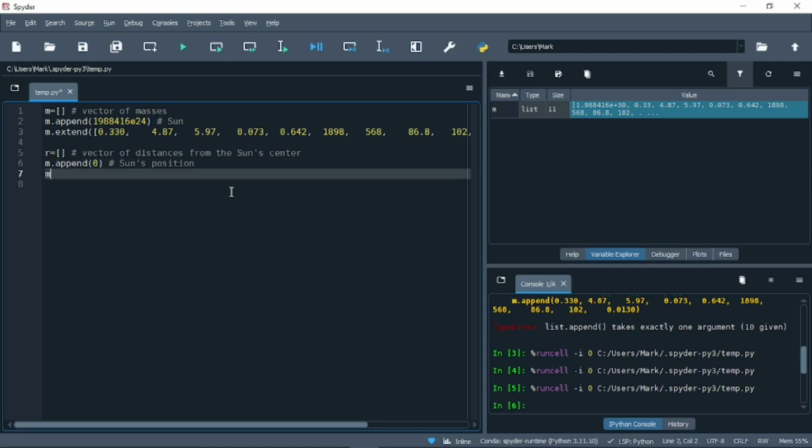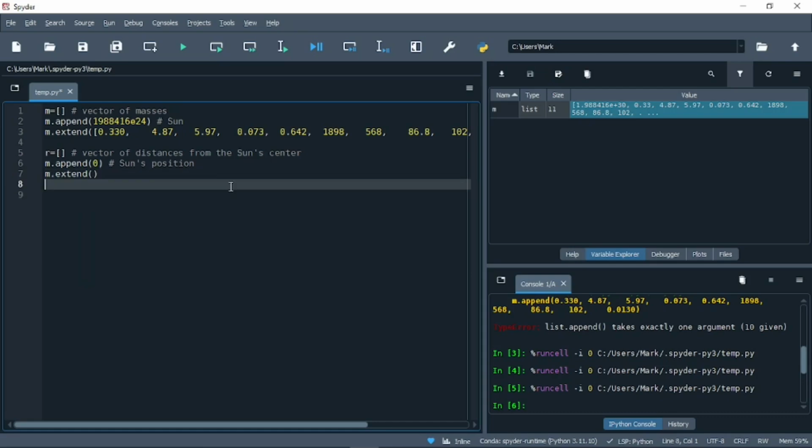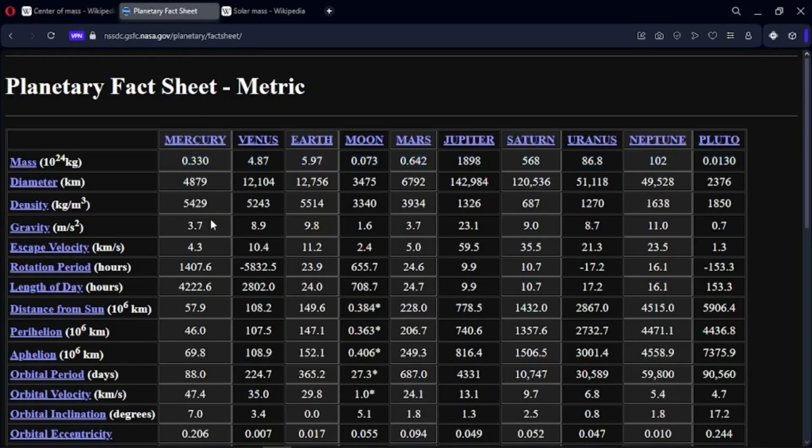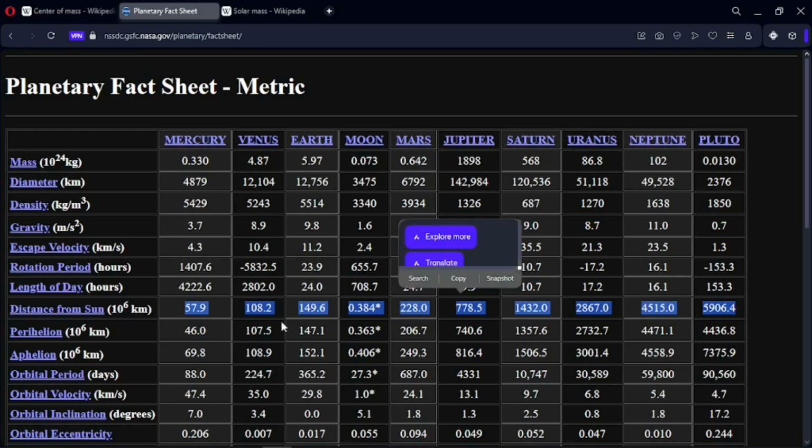We now need the distances between the Sun and all of the planets. So, copying this row here, distance from the Sun.